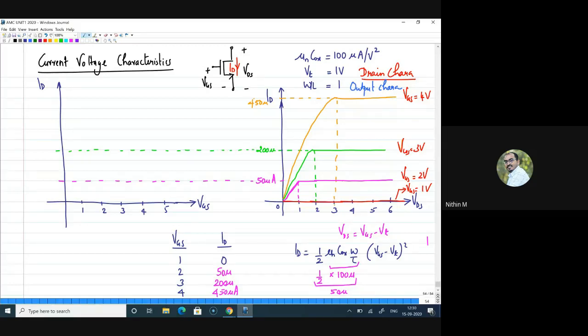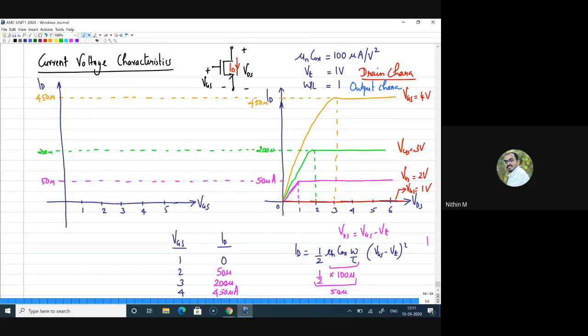Now I have this graph, which is of 200 microamps, and finally I have this, which is of 450. Right, this is 450 microamps, and this is 50 microamps, and this one is 200 microamps.